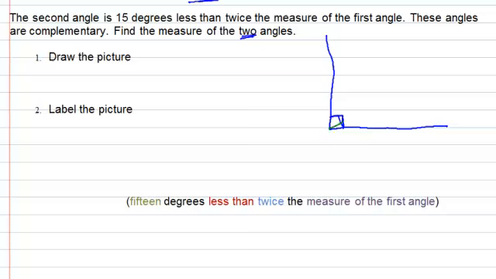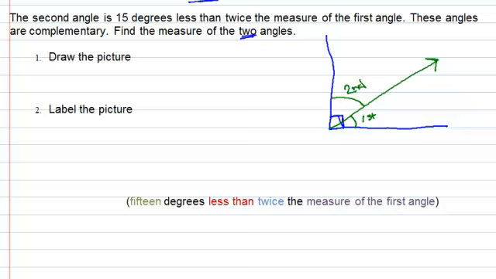And all I need to do is split that. And now I've got, what are we calling it? First angle. And here is the second angle. So that's all we need to do to label those. We know that the angles are complementary. That means they add up to 90 degrees.